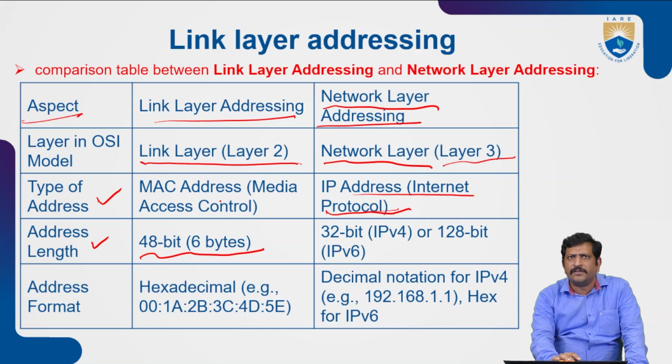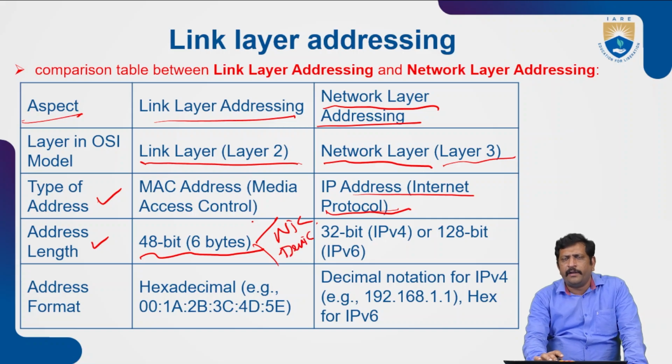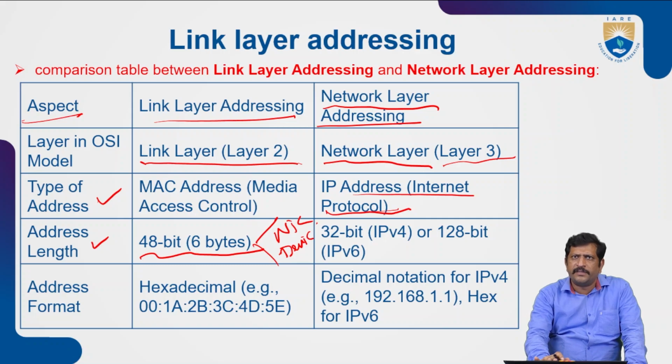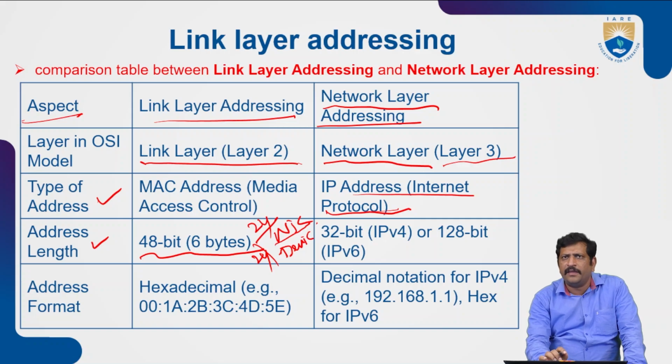Of these 48 bits, the first 24 bits are assigned to the manufacturer of the network interface card, and the next 24 bits are assigned by the manufacturer for identifying the unique device.